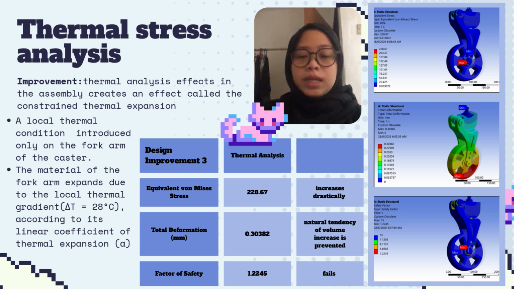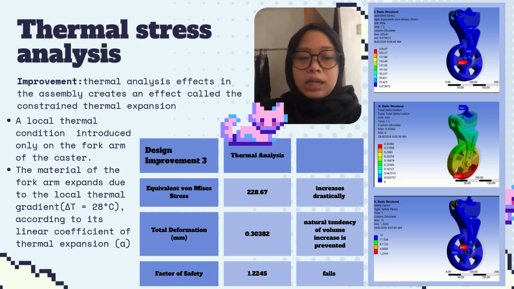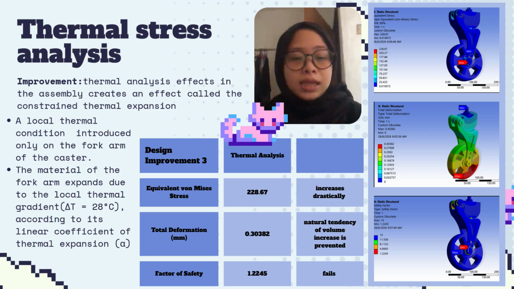coefficient of thermal expansion. Since the upper surface of the stem bowl is fixed with a rigid fixed support boundary condition that guarantees zero displacement along all translation and rotation degrees of freedom, the natural tendency of volume increase of the connected forearm is prevented.